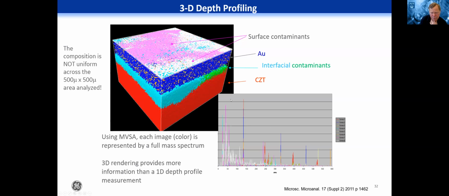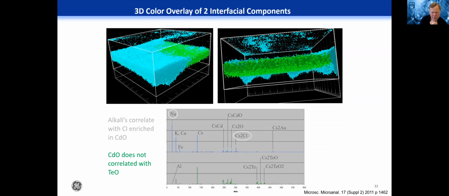And for each of the layers in this instance, we have a full mass spectrum describing what's happening, not just one peak. If we just focus on the interface in this example, we could see that there are slight differences in the distribution of the cadmium, oxygen, and beryllium.